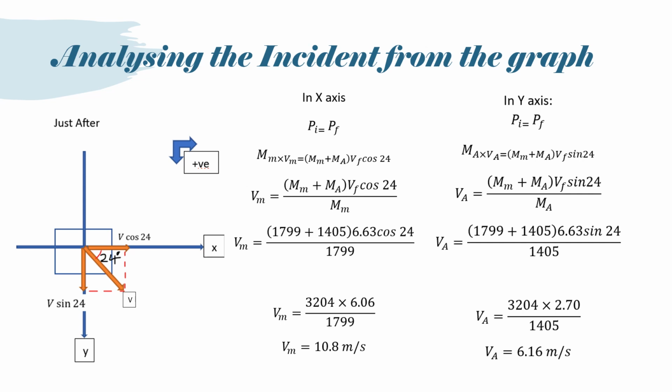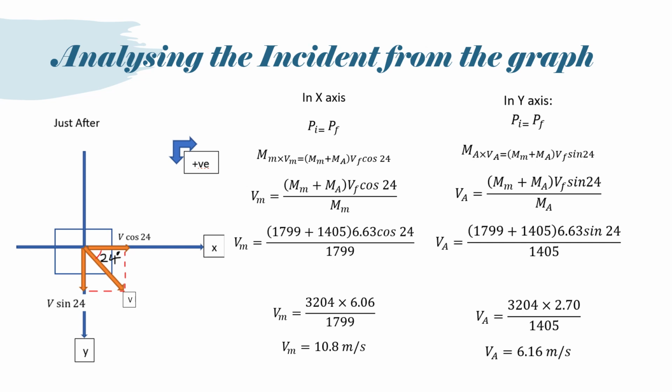So putting value to this equation, we get our initial velocity for the Mitsubishi 10.8 meters per second. This finding says that just before hitting the Audi, Mitsubishi velocity was 10.8 meters per second.